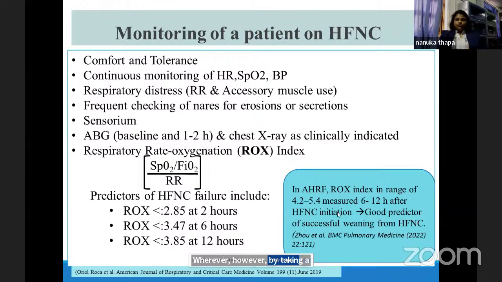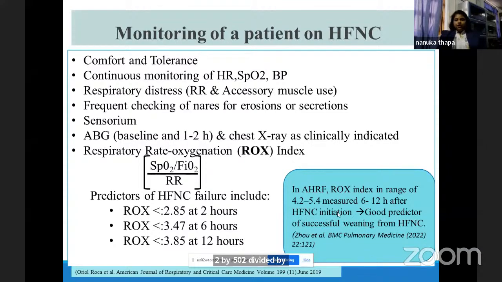We can also use the ROX index, which is a non-invasive parameter. It is the respiratory rate oxygenation index, where the formula is SpO2 by FiO2 divided by respiratory rate. It predicts whether HFNC will succeed or fail.